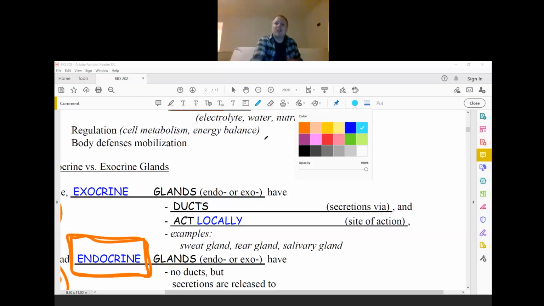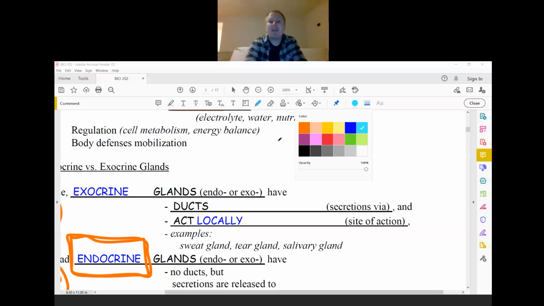That would be a good example. So we know that we have a lot of sweat glands within the skin, or we have the lacrimal gland just next to the eye, or we will cover actually three different salivary glands and types of salivary glands later on this course.